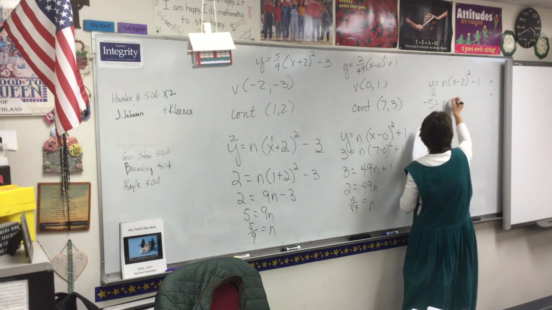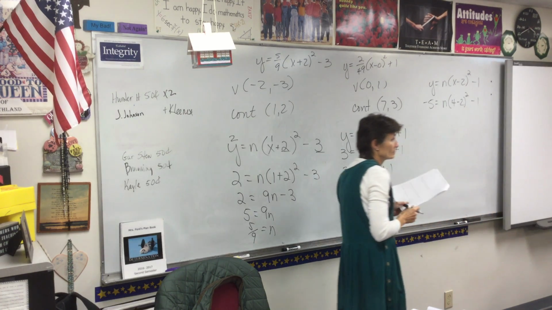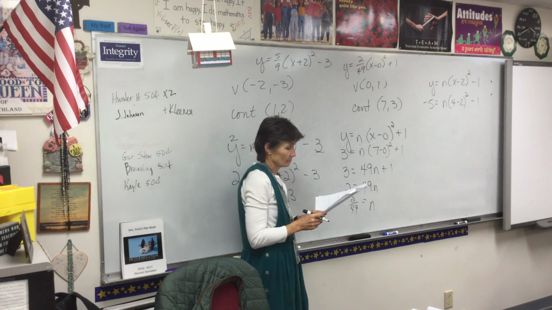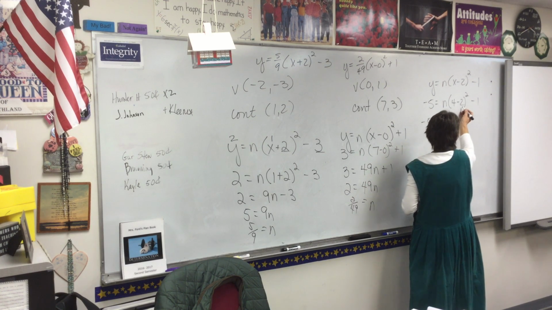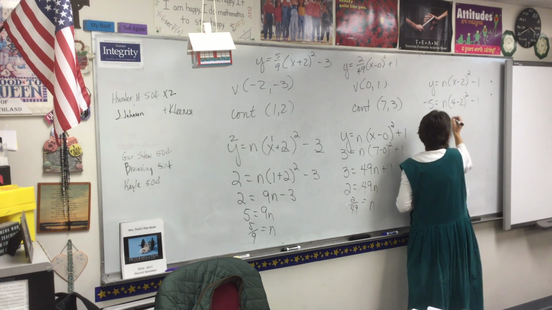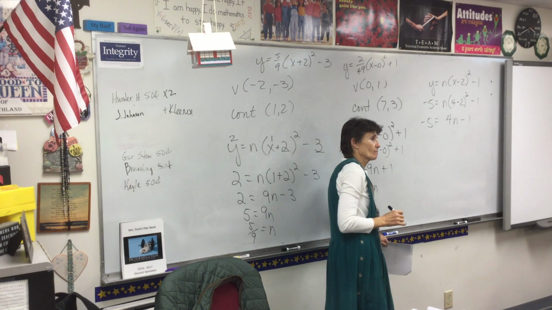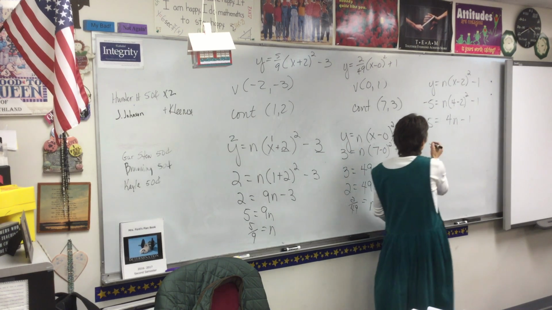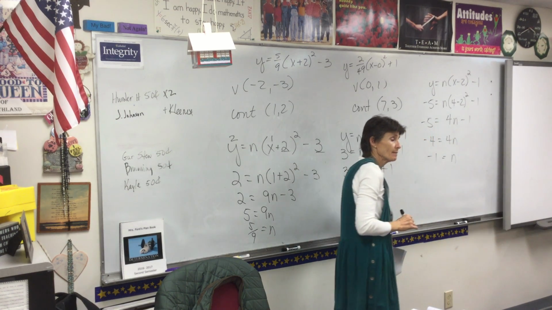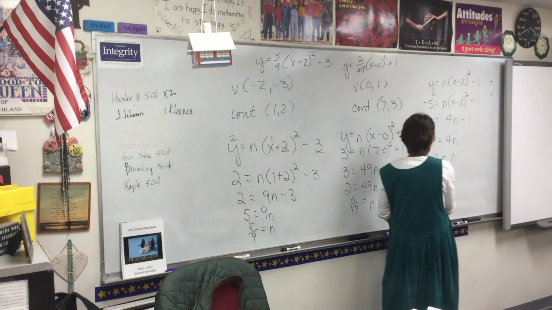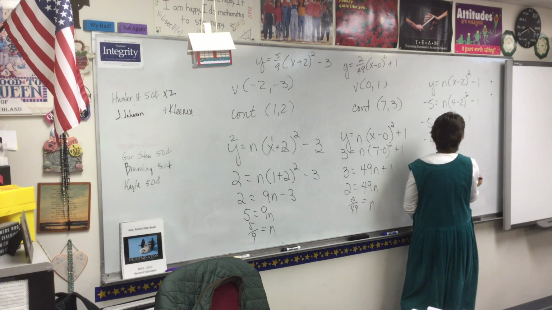Negative 5 for y, and 4 for x. So negative 5 equals, okay, what's 4 minus 2 squared? So 4n minus 1. Add 1. So I got negative 1 this time, a nice number. Then I write my answer. Y equals negative 1 times (x minus 2) squared minus 1.